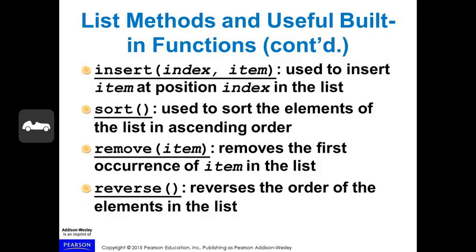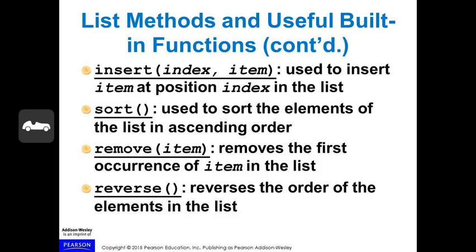And the insert method inserts an item into the list at the specified index. When an element is inserted into a list, the list is expanded in size to accommodate the new item. The item that was previously at the specified index and all the items after it are shifted by one position toward the end of the list.